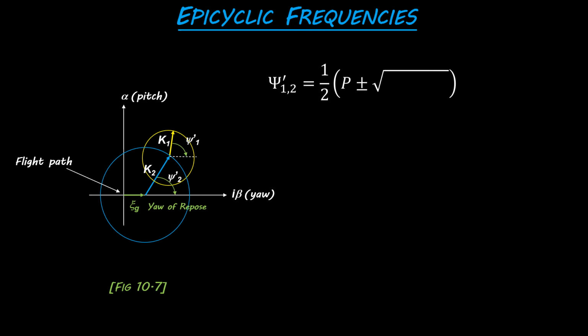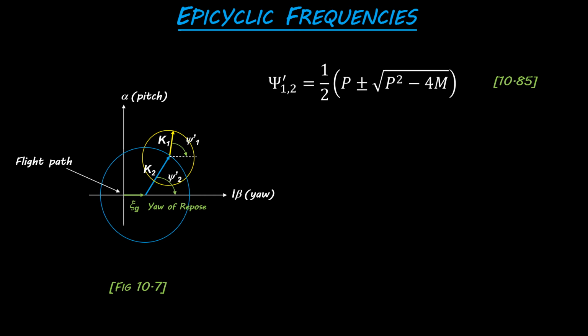Now, those angles for both arms 1 and 2, the fast arm and the slow arm, what that angle is, is defined by this equation here: 1/2 of p plus or minus the square root of p squared minus 4m. That's equation 10.85, and notice there's a plus or minus there. So that's how we end up with two answers coming out of this equation here.